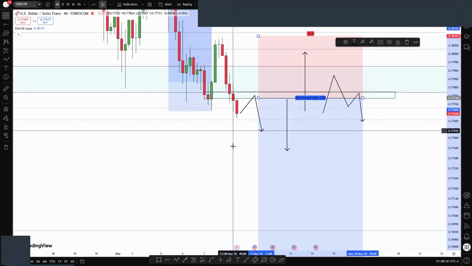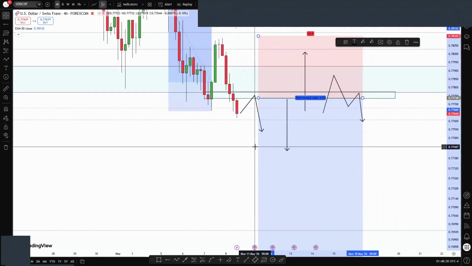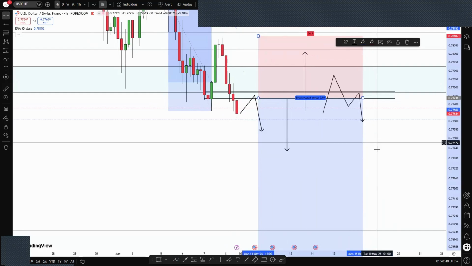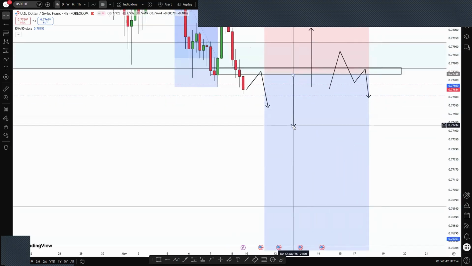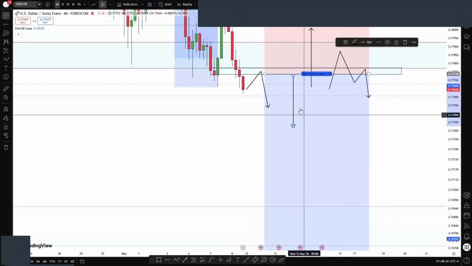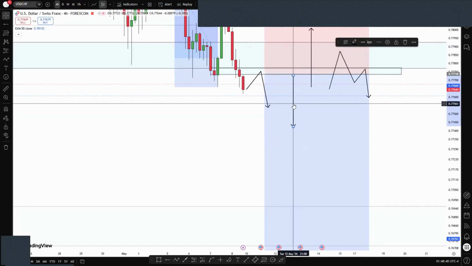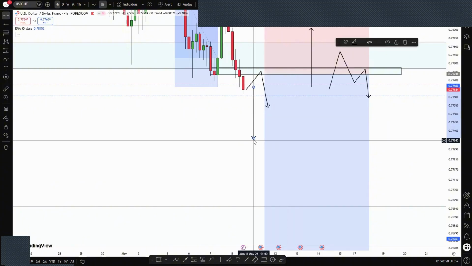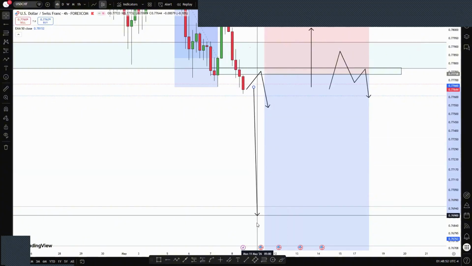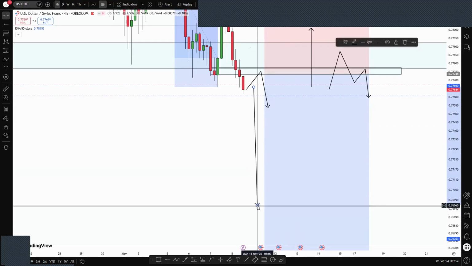Perfect entry, nice entry, nothing to worry about. Then price might do the second thing, which is not even giving us the entry, but just from this same zone, continue going down until it even reaches take profit. Then this will be considered missed.